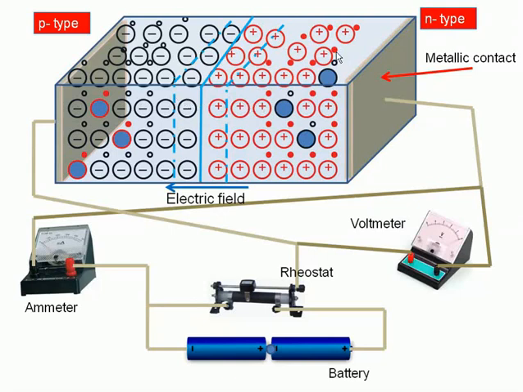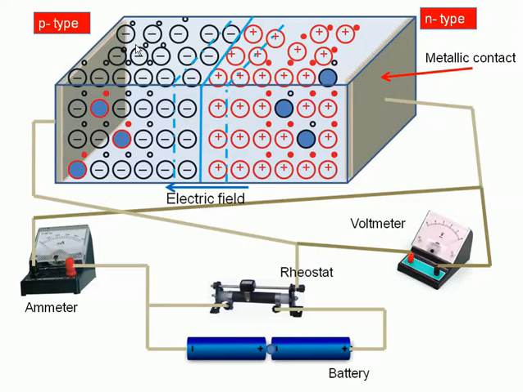Here you see the free electrons, and the negative terminal of the battery is connected with this metallic contact. It gives the force to these electrons to cross the junction, right? So these electrons cross the junction and move towards the p side.